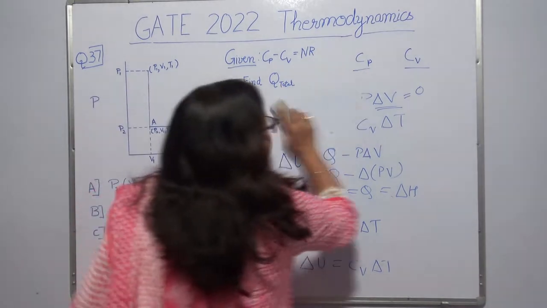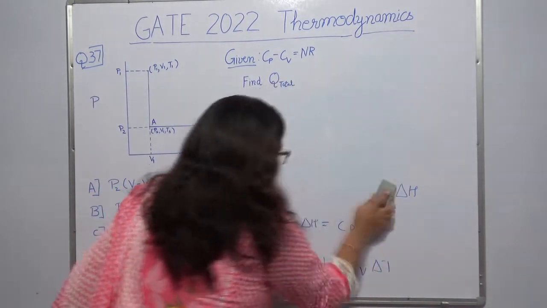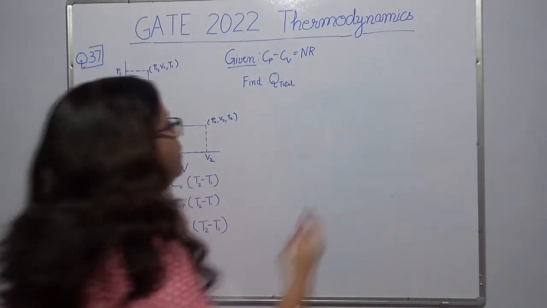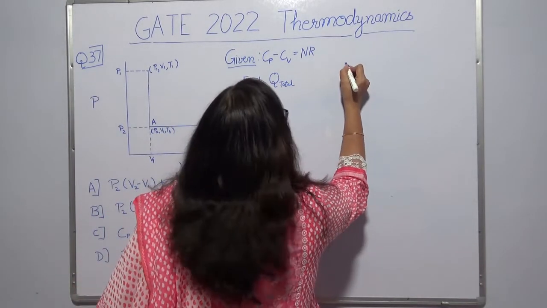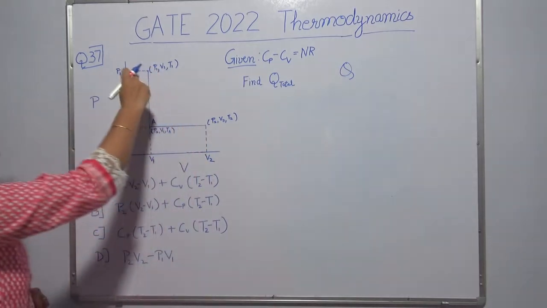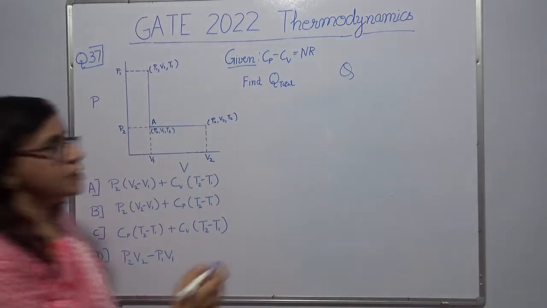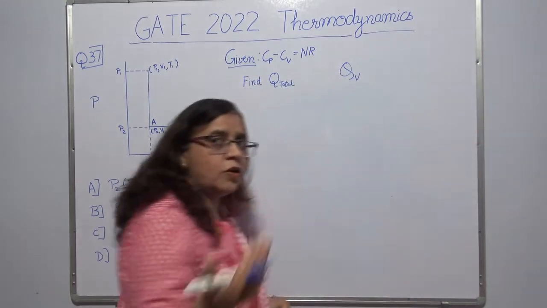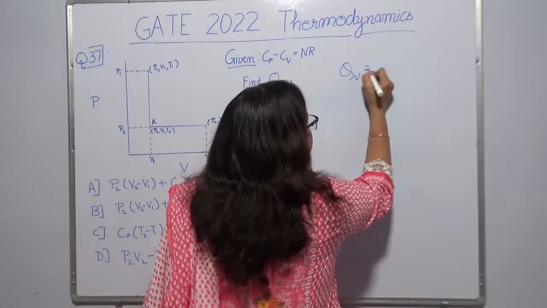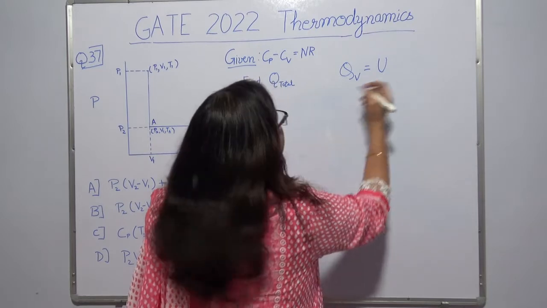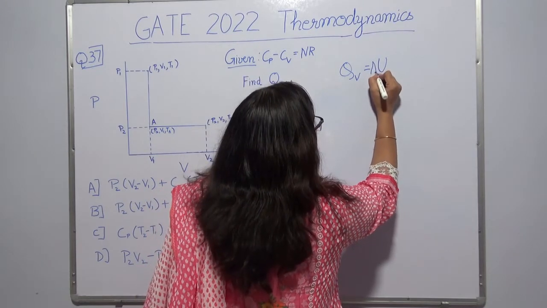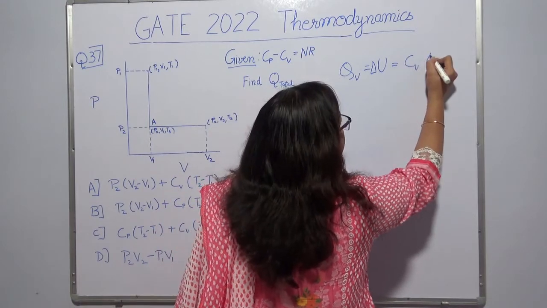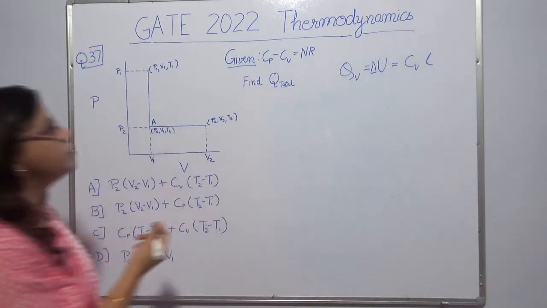So I will erase everything and just write down the two equations which we have found out. For a constant volume process, I will write it QV just to mark that it's for a constant volume process. That is equal to delta U for that process, which is equal to CV, and what is the temperature over here?